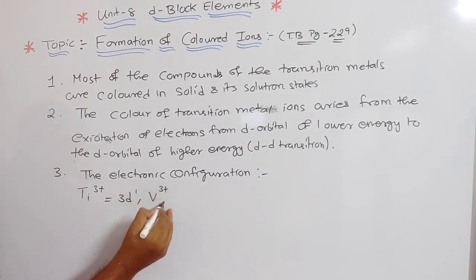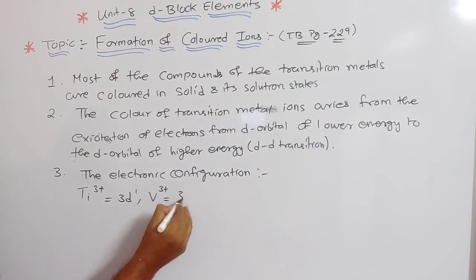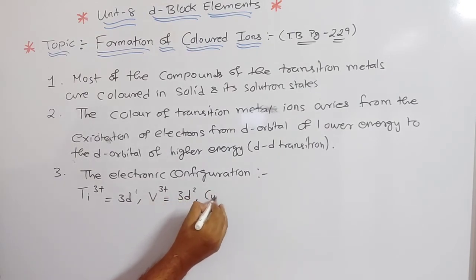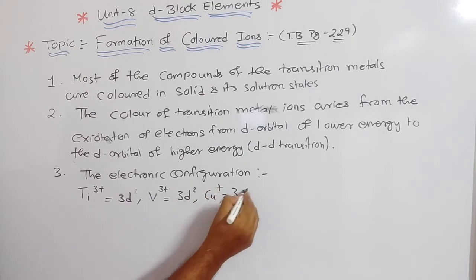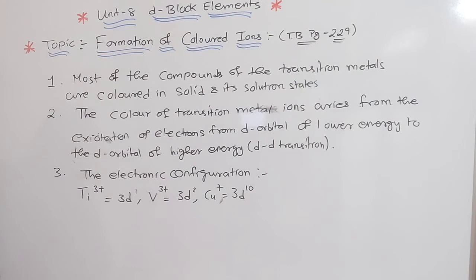Then V3+ is 3d2. Then Cu+ is 3d10. Understood? Then Sc3+, scandium, 3d0.